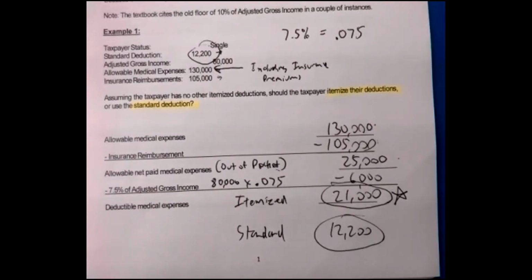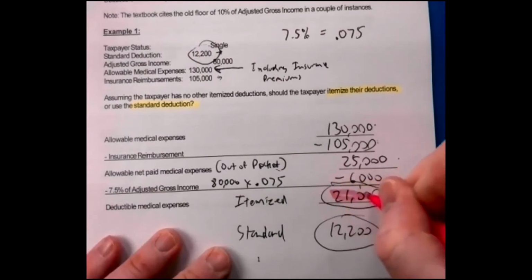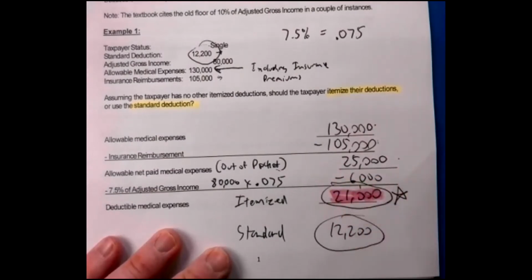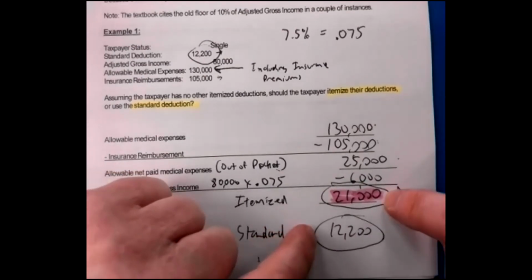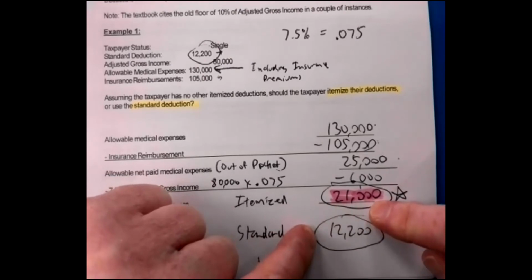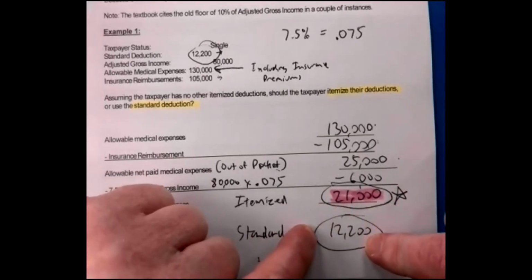For this person, you'd want to itemize the deductions. They get to take off 21,000 rather than 12,200.